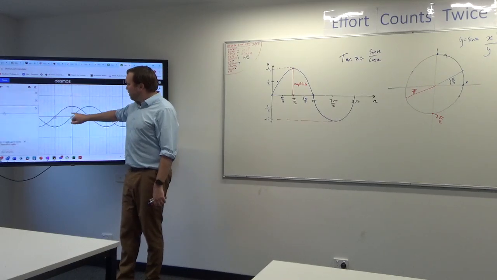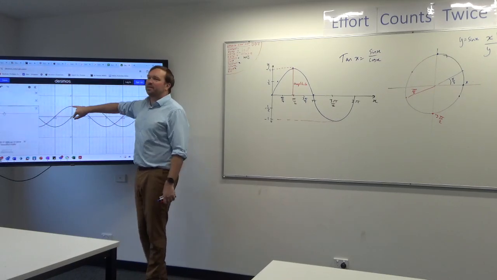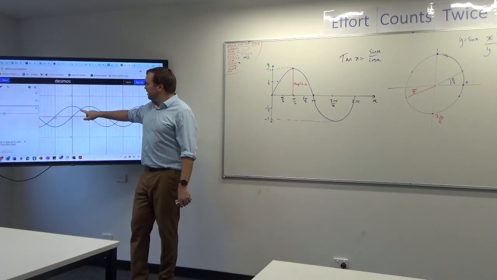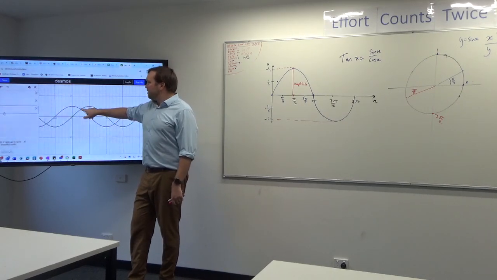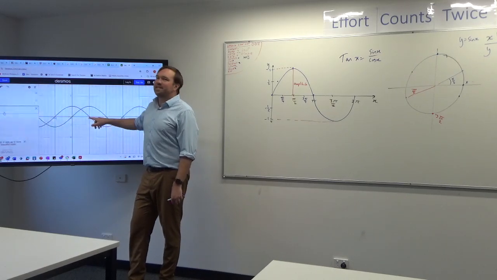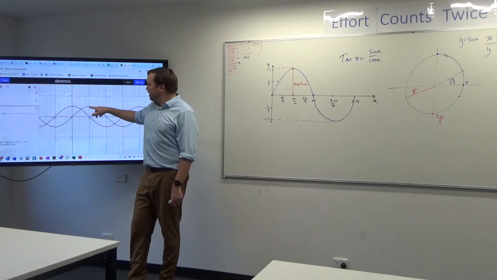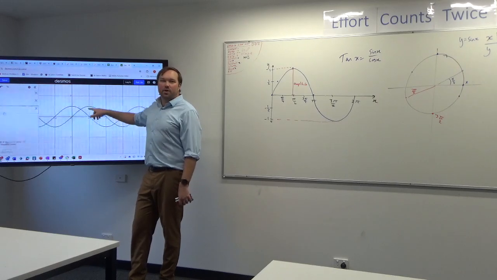So 0 divided by 1 is 0. That's fine. Here they're the same, which is where it's 45 degrees or pi on 4, so tan will be 1. Here it's yucky, because 1 divided by 0 is undefined.